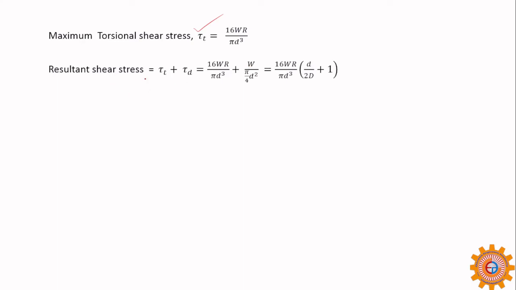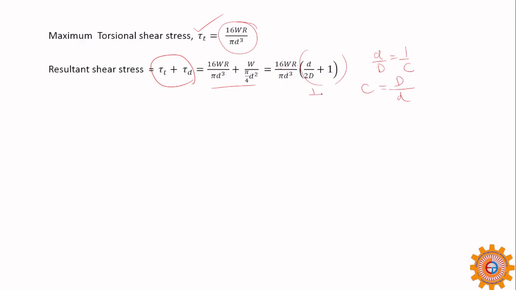Next, resultant shear means adding of that one, effective. If you add up all these things, you will come to know that it is 16WR by πd³ into (2C+1)/2C. So D by 2D is equal to 1 by C, because C, the spring index, is equal to D by d.